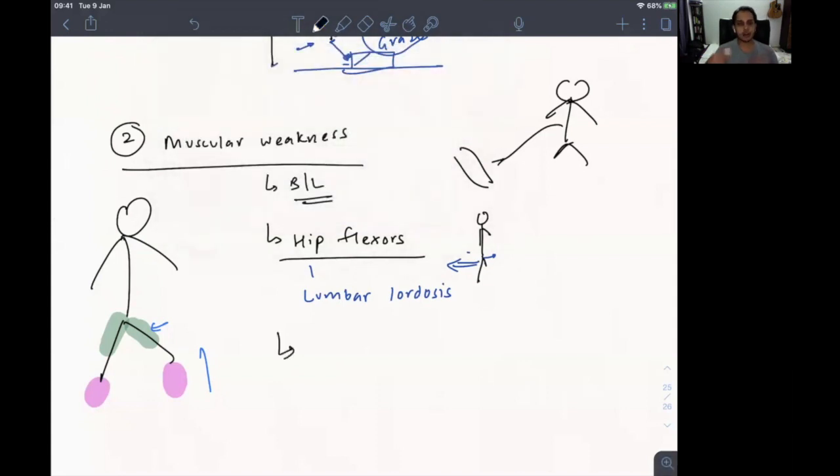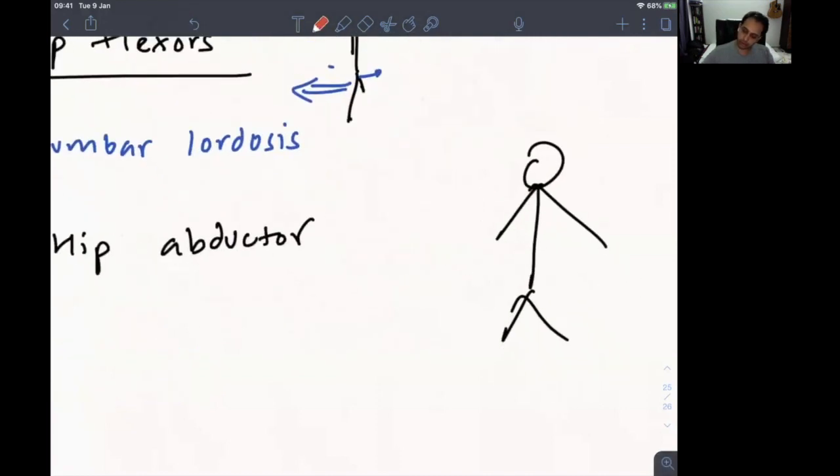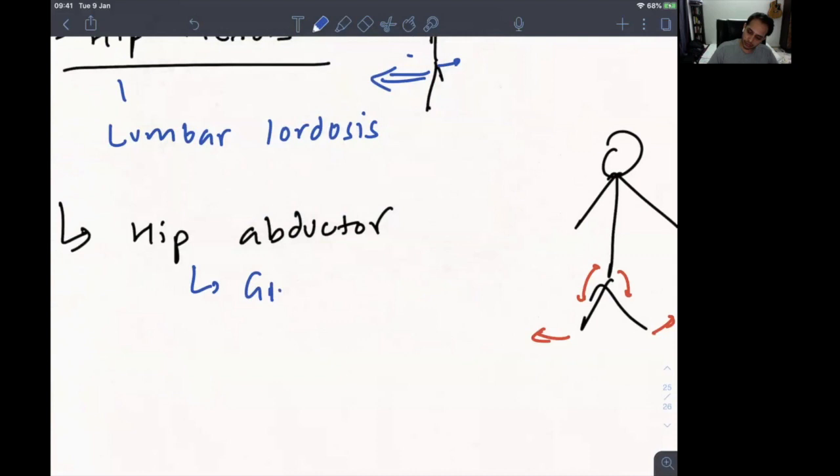So that lumbar lordosis is due to hip flexor weakness. The other hip muscle that can get classically involved is the hip abductor. So hip abductors are the muscles that will take your legs away from the midline, and the main hip abductors are your gluteus medius muscle.